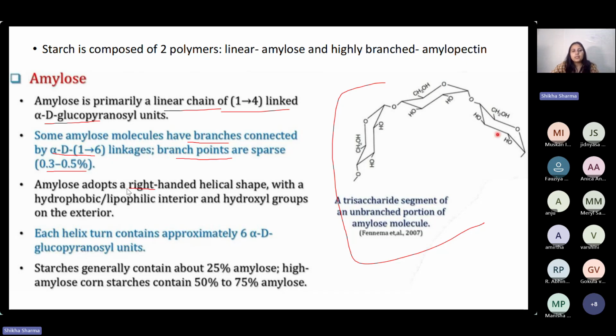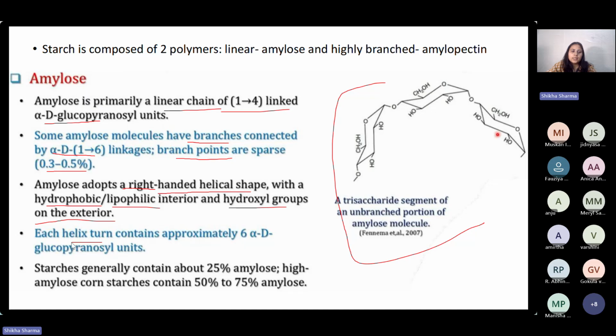Amylose basically adopts a right-handed helical shape with a hydrophobic or lipophilic interior and hydroxyl groups on the exterior side. So the hydroxyl groups will be on the exterior side and the hydrophobic groups will be on the interior side.